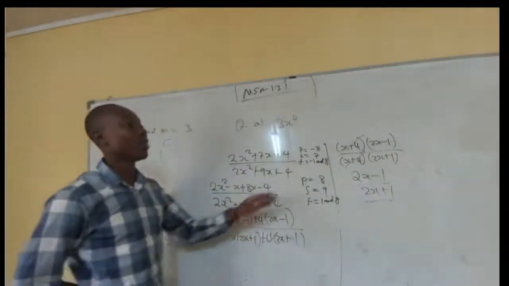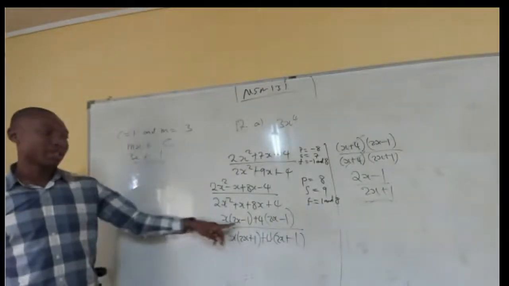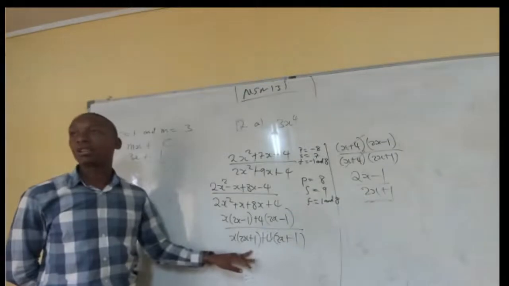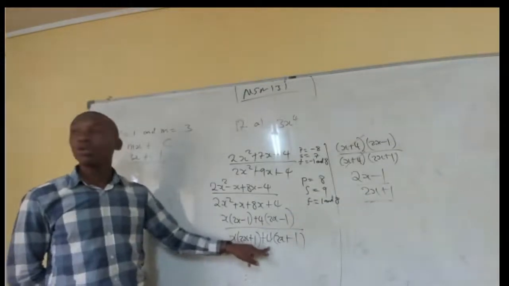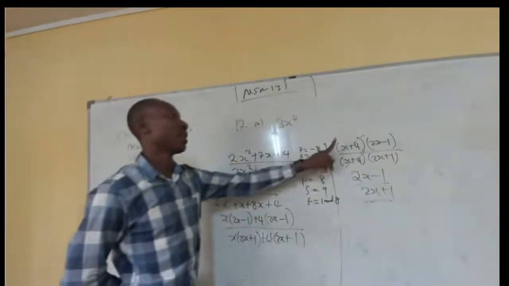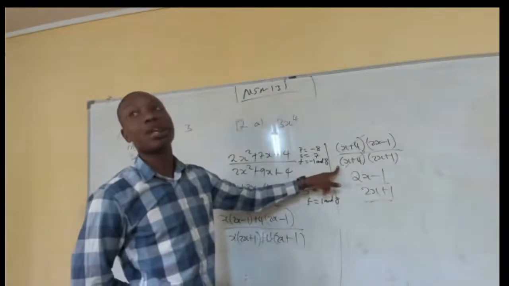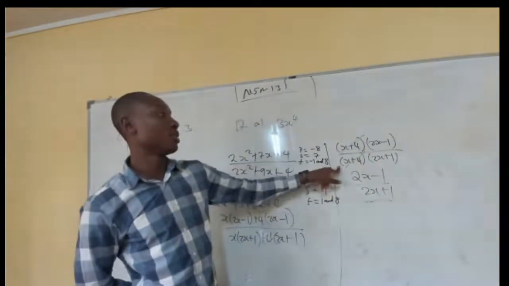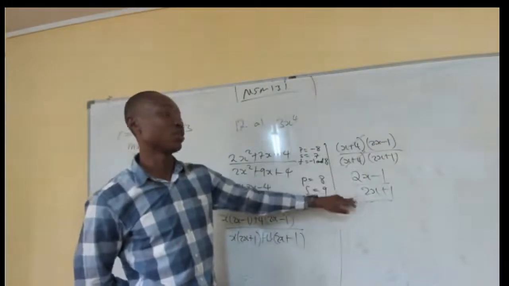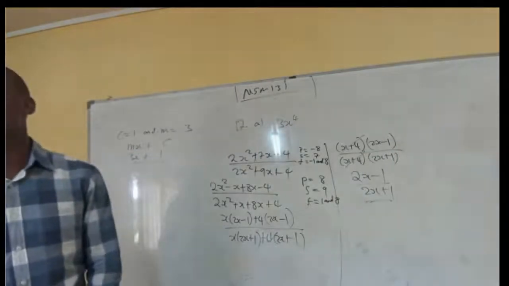Then we ended up having x times 2x minus 1 plus 4 times 2x minus 1, then x times 2x plus 1 plus 4 times 2x plus 1, right? Then we ended up having x plus 4 multiplied by 2x minus 1 over x plus 4 multiplied by 2x plus 1. So these two are common, I can cancel them out. What remains is 2x minus 1 over 2x plus 1. So those are the final answers that we get.